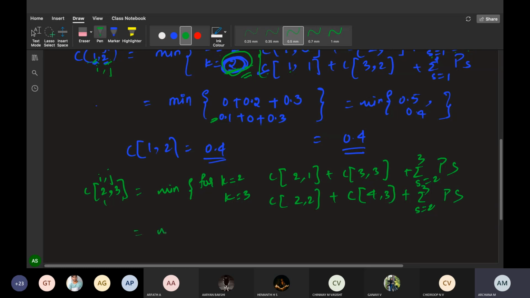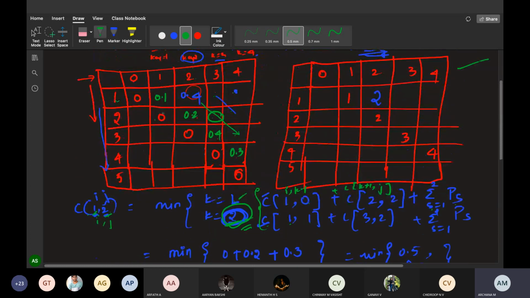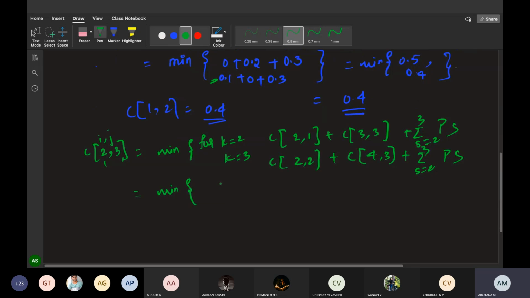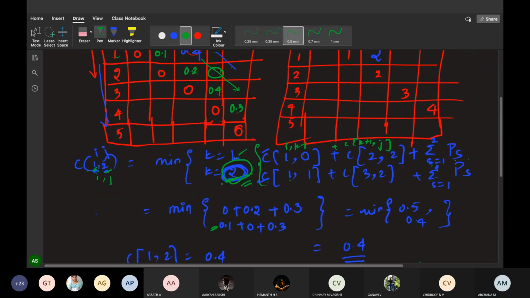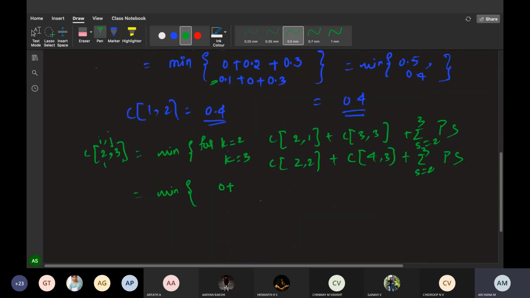Now I have to find out the minimum values. Minimum of what? C of 2 comma 1, what is it here? 2 comma 1 is 0. Okay, 0 plus C of 3 comma 3. What is the value of 3 comma 3? 3 and 3 is 0.4. Look here, 3 comma 3 is 0.4, plus what is the value from 2 to 3?